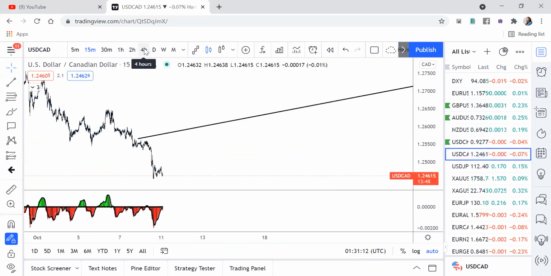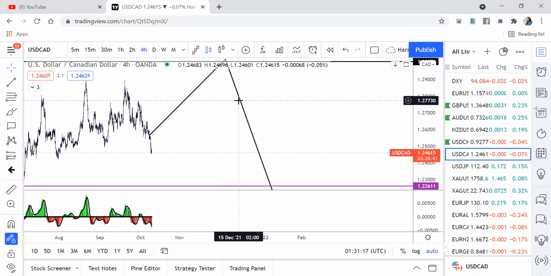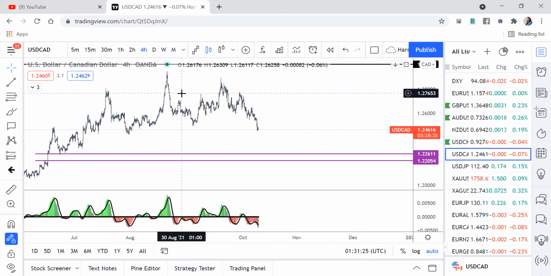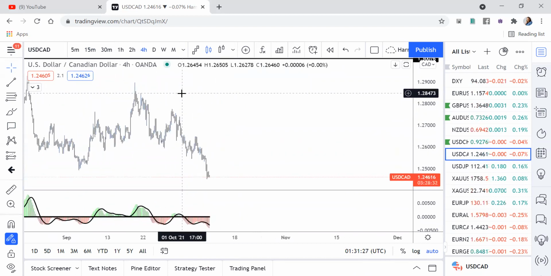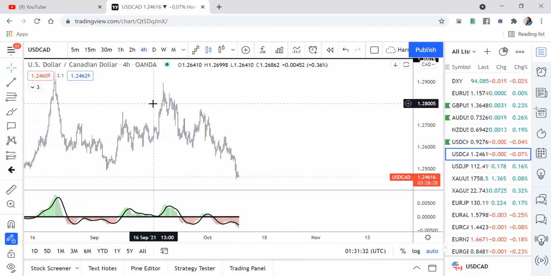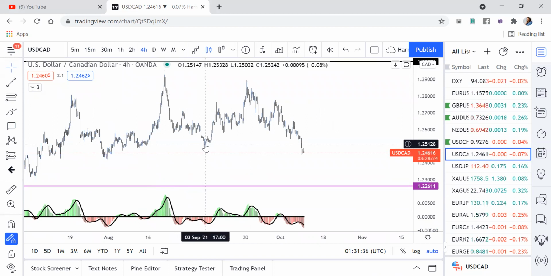Okay, let's look at USDCAD. Okay, USDCAD is going to sell. So with USDCAD, everybody could see that structure was broken.